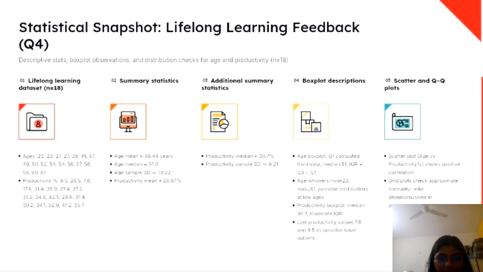Productivity mean is 28.67%, productivity median 30.7%, and productivity sample standard deviation 9.21. Age box plot: quartile 1 is computed from the data, median 51, then Q3 minus Q1. Age whiskers we can find through this. Then the QQ plot, and the productivity QQ plot.